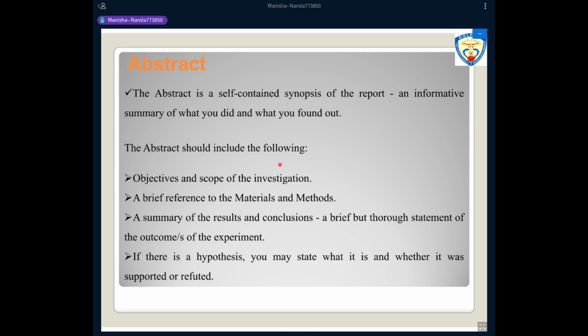It should include the objectives and scope of the investigation, a brief reference to materials and methods, a summary of the results and conclusions, and a brief but thorough statement of the outcomes of the experiment. If there is a hypothesis, you may state what it is and whether it was supported or refuted.